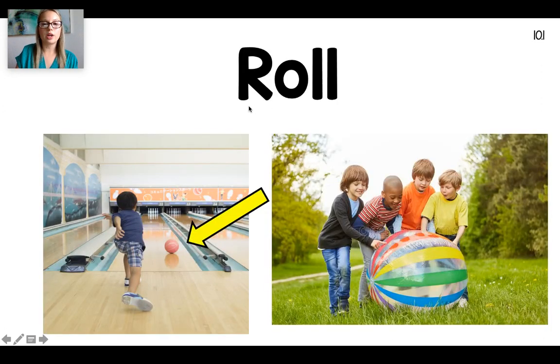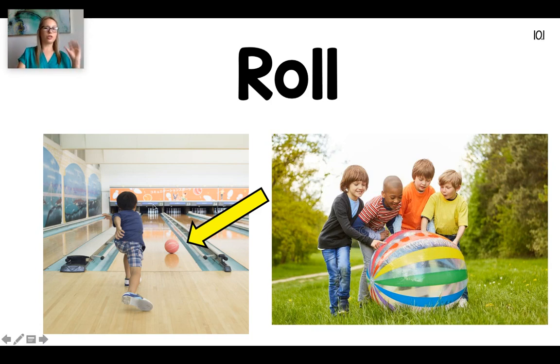The first word we're going to learn about is roll. Roll starts with the letter R. R-O-L-L. Roll. Go ahead and take a look at this picture here. We see a boy and he is bowling. When you go bowling, you need to take a ball and you need to make it crash into these pins at the end.